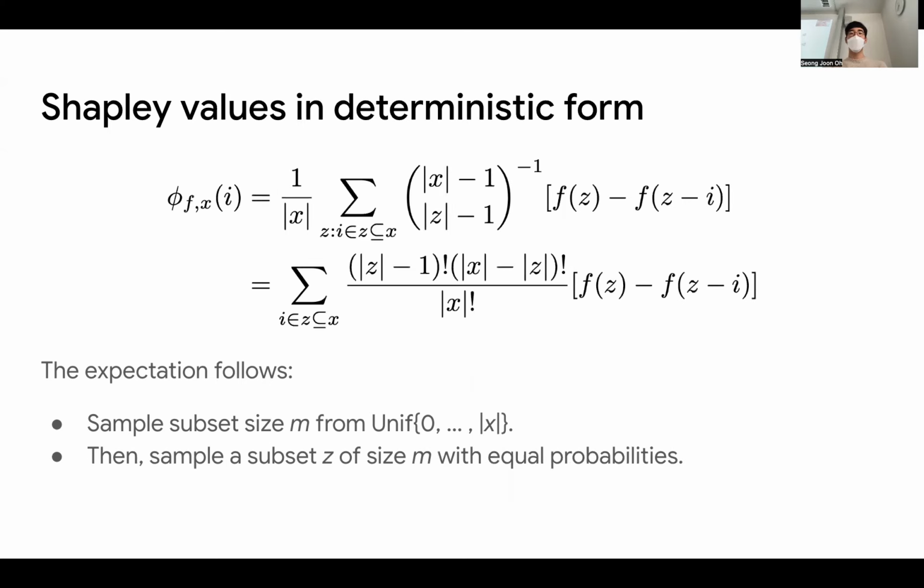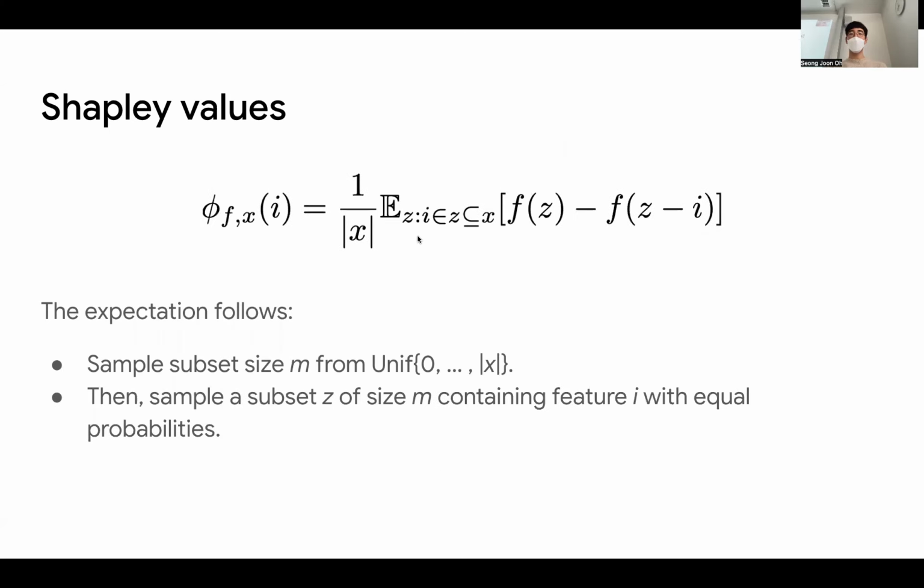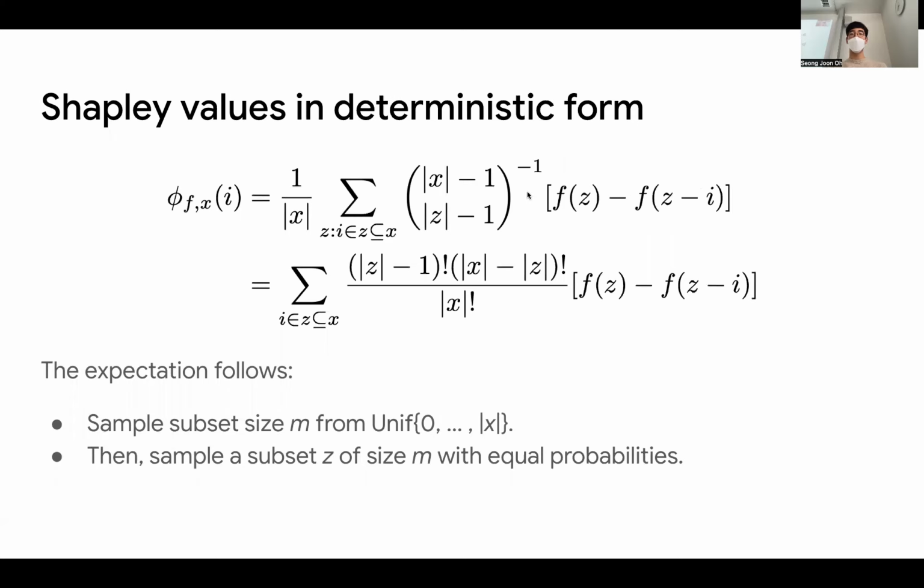And by doing that, we can compute this coefficient here. So you can turn this expectation into a summation, by providing the probability for each Z to be picked up. And actually the probability for a subset Z to be picked up out of X is given by this formula. This formula means it's an N choose C notation.